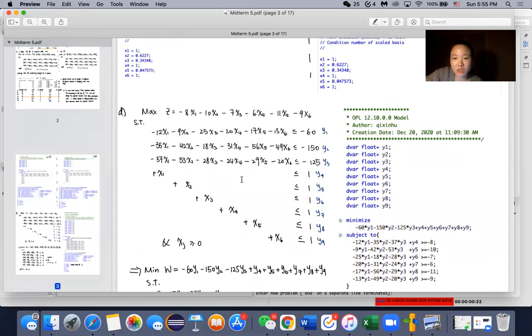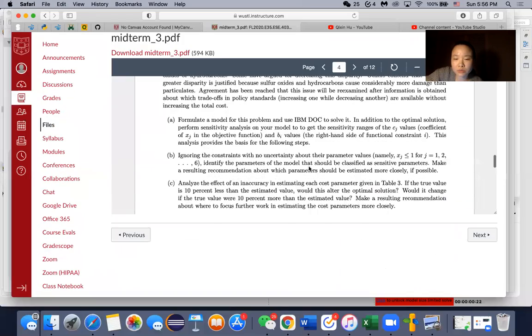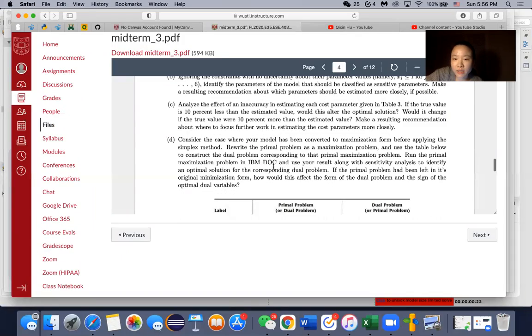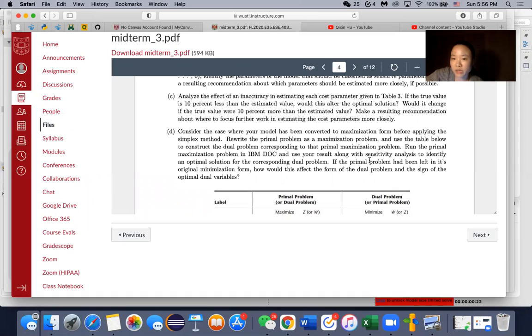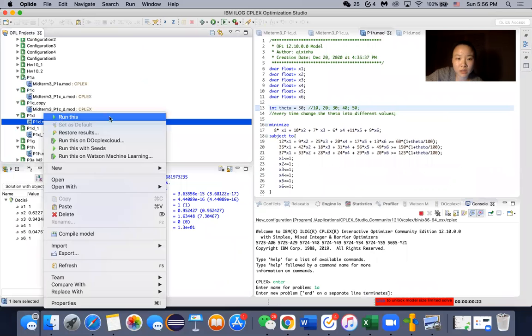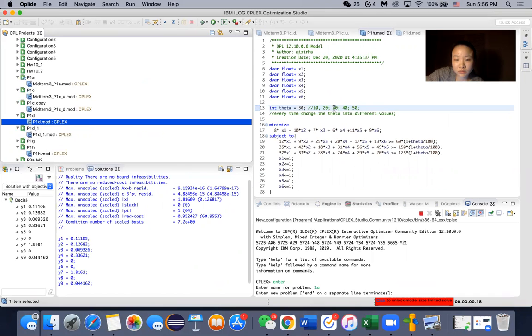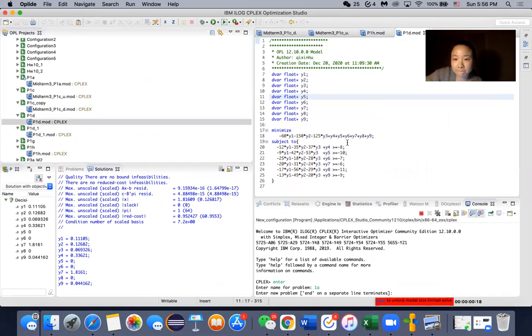For part B, it is to build the dual function. There are two ways. One is to first change the primal into a minimal function, and the other is to keep it as the minimum and build the dual as a maximum function. This is for part B, and the formulation is here.